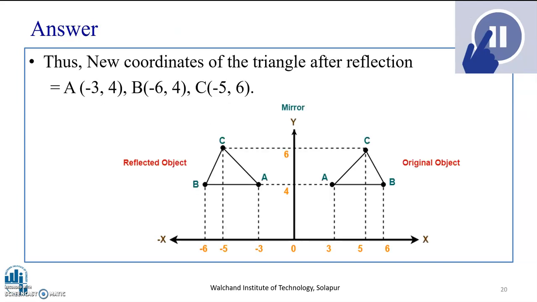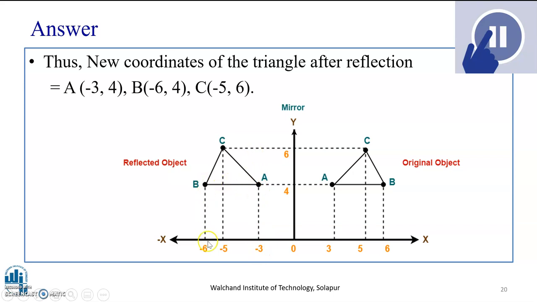On applying the equation for reflection along the y-axis, we see this is the original object, that is ABC, and when we apply the reflection equations to the points, we get A equal to (-3, 4), where the y value remains the same.